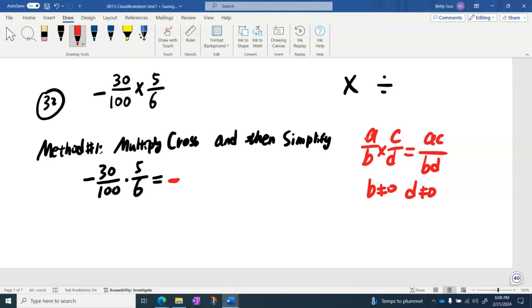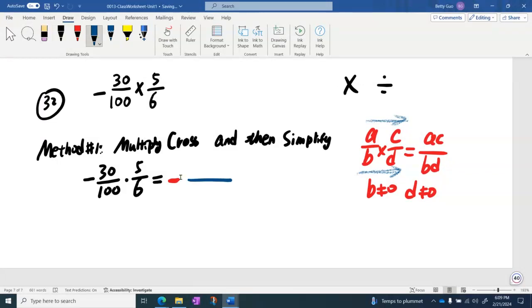So fraction a over b times fraction c over d equals ac over bd. So simply multiply across. Numerator times numerator is the numerator. Denominator times denominator is the denominator. You see that? So we are going to use the formula to multiply across to get the product.